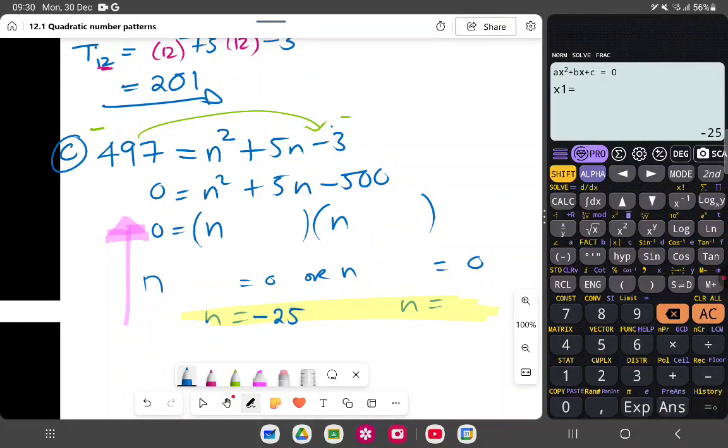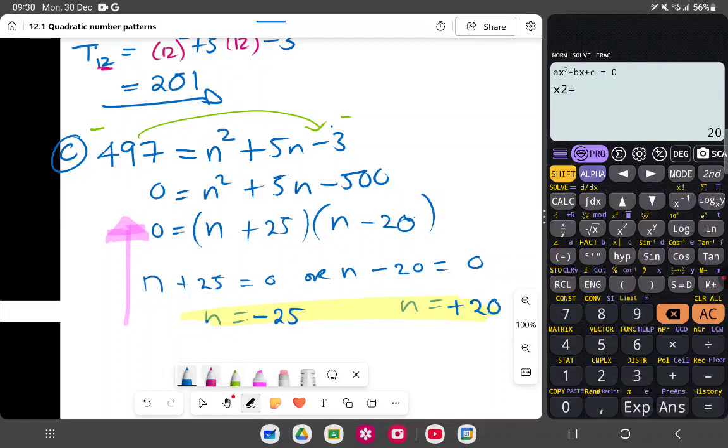Our second value is positive 20 on the yellow highlighted part. Then you move back. So if you take 25 to the other side, it becomes plus 25. And if you put it in the bracket, it's plus 25. That plus 20, take it to the other side, it's negative 20, in the bracket negative 20.